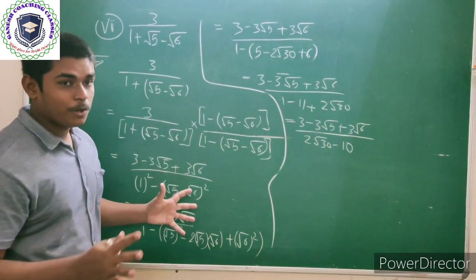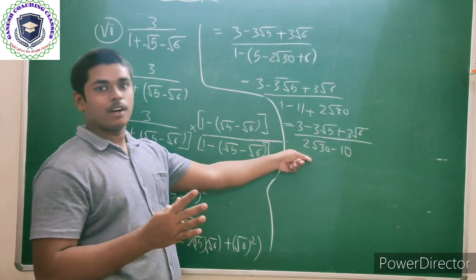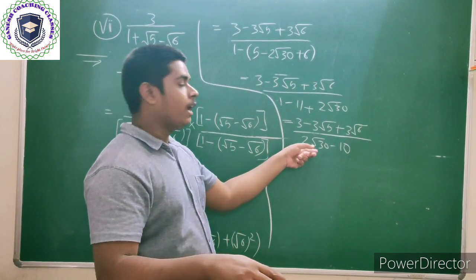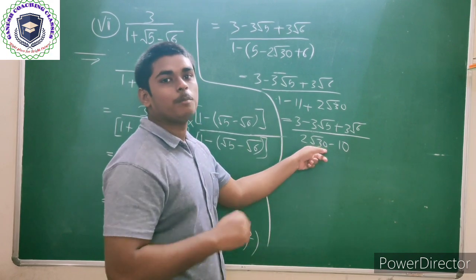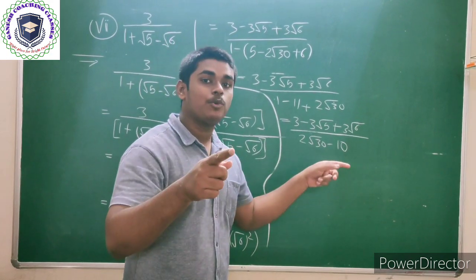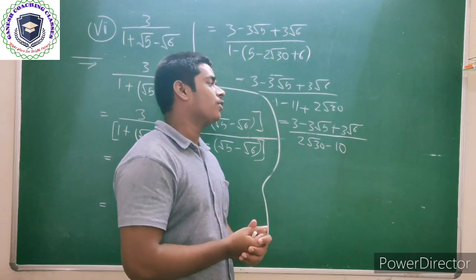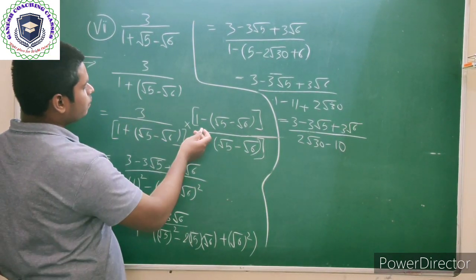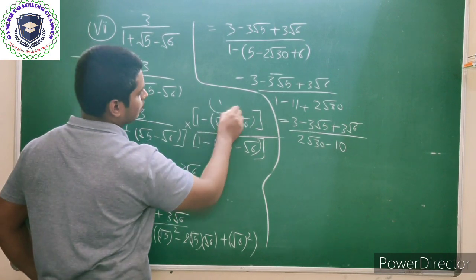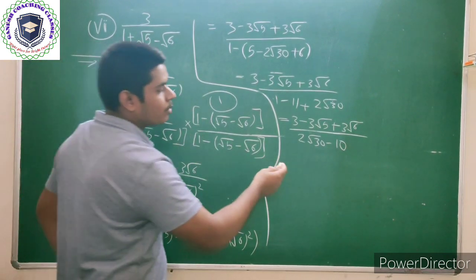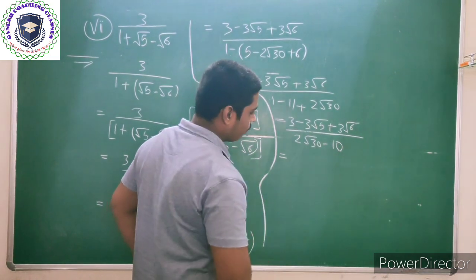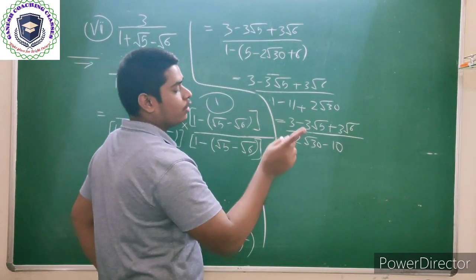We simplified till this step, but again we are getting two numbers in the denominator, and again the root is not simplified. So again we have to rationalize the denominator. We have to rationalize it twice. In the first step we rationalized; now we have to rationalize in this step. For this we take the conjugate.